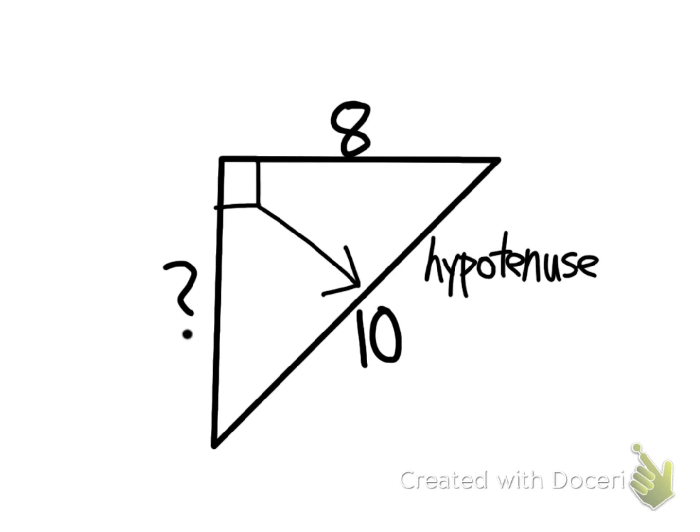But what about the other two side lengths, you might be asking me? Well, those other two side lengths are both legs. And in this example, one of them is given, but the other is missing.